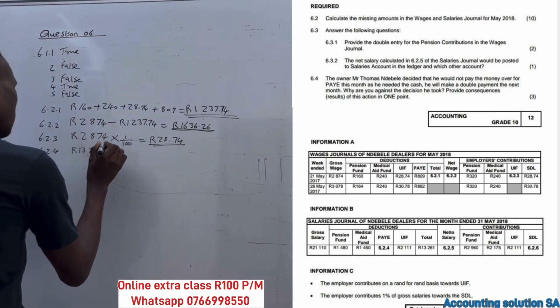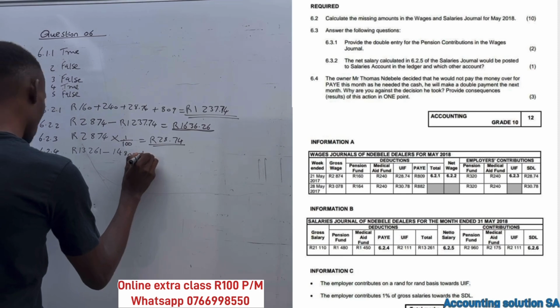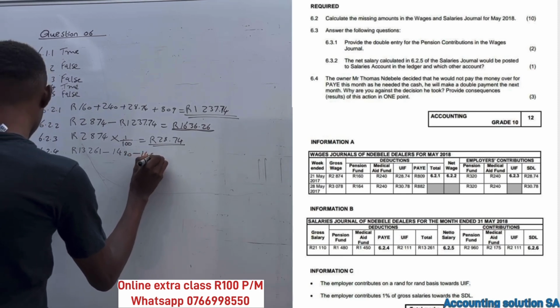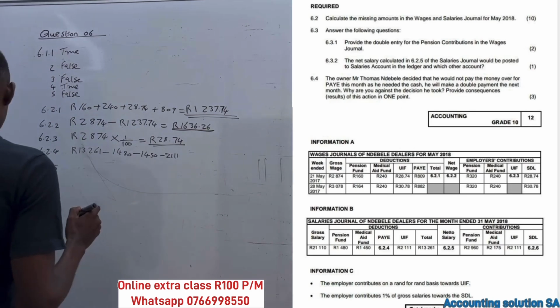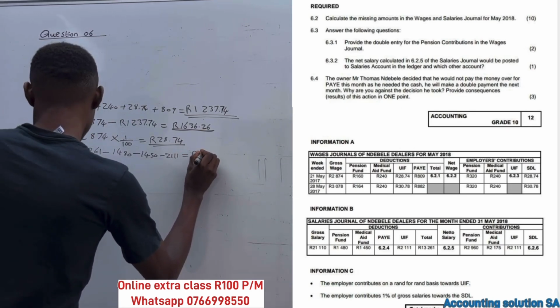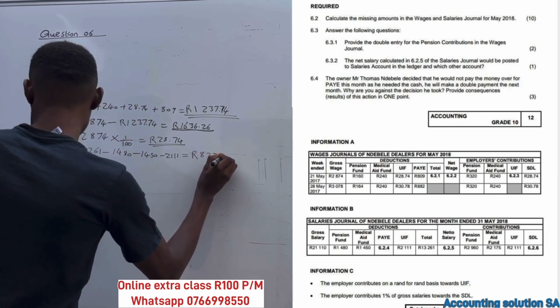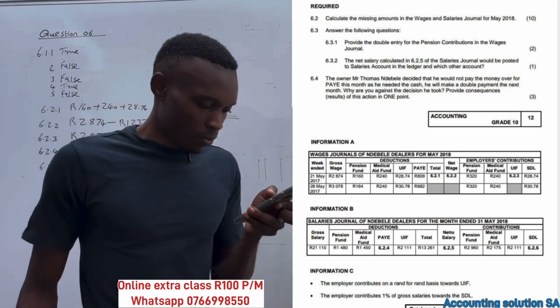The other deductions are 1,480 minus 1,450 minus 2,111, and you're going to get an amount of 8,220. Just like that, very simple.